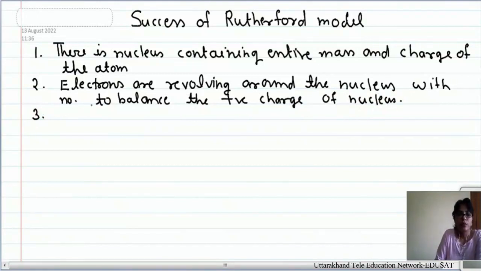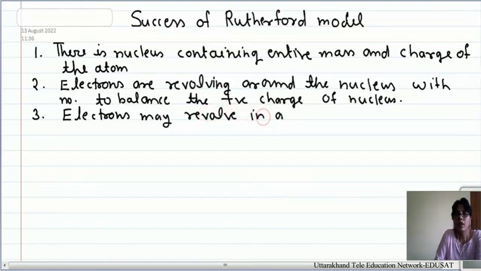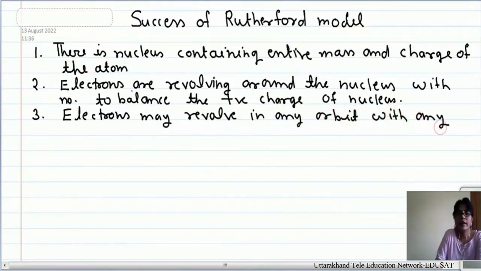And he also assumed that electrons may revolve in any orbit with any energy.